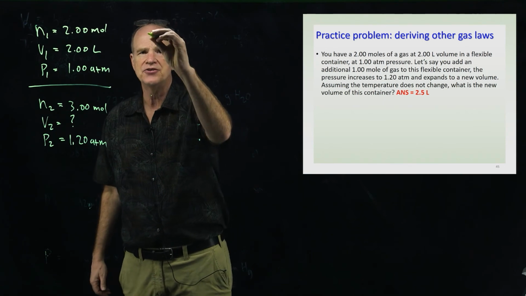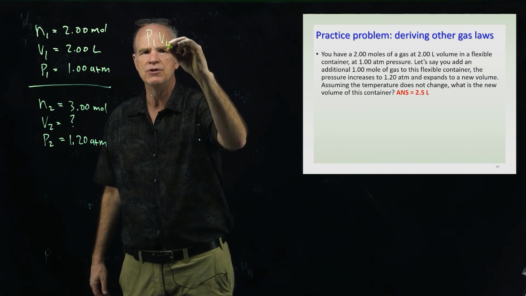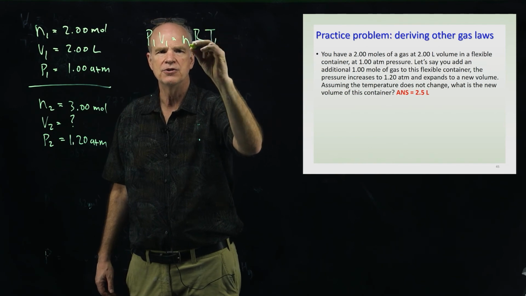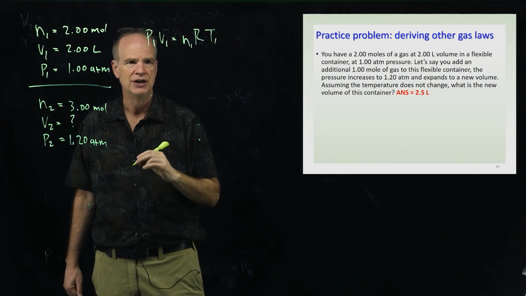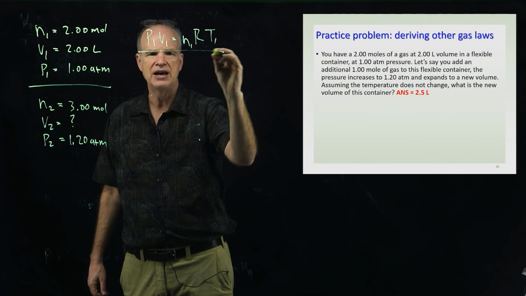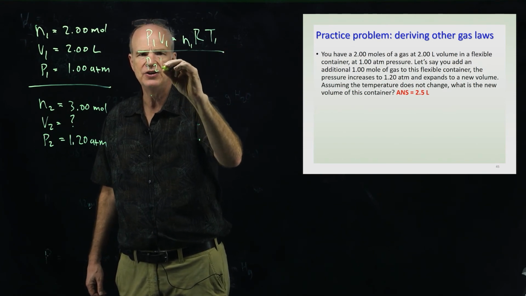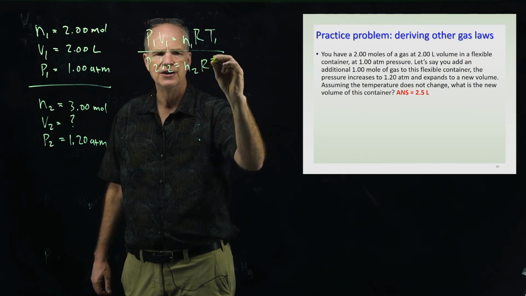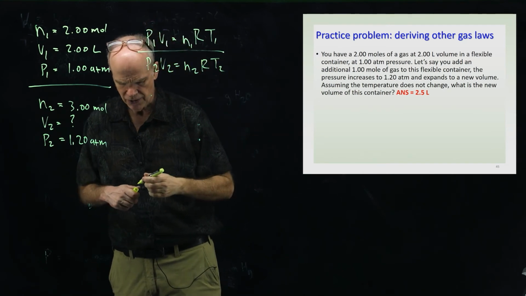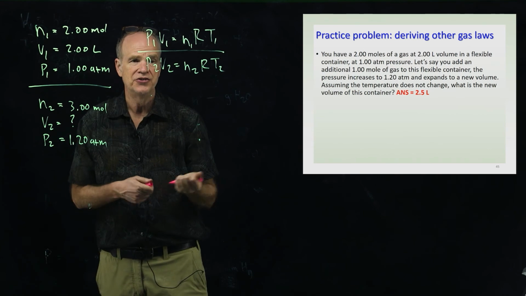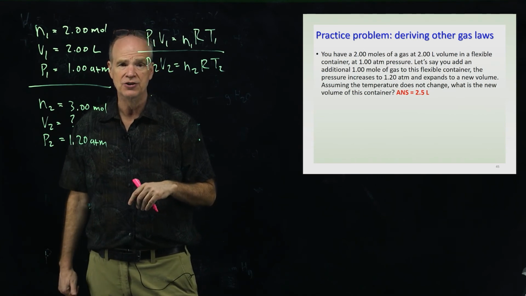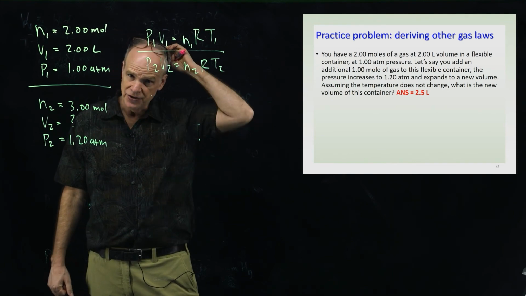So the ideal gas law is P1V1 is equal to n1RT1. Let me put a 1 here by the moles. And so we're going to divide that by P2V2 is equal to n2RT2. So what we're going to have to do is derive an expression between volume, pressure, and moles of a gas at these 2 different conditions.